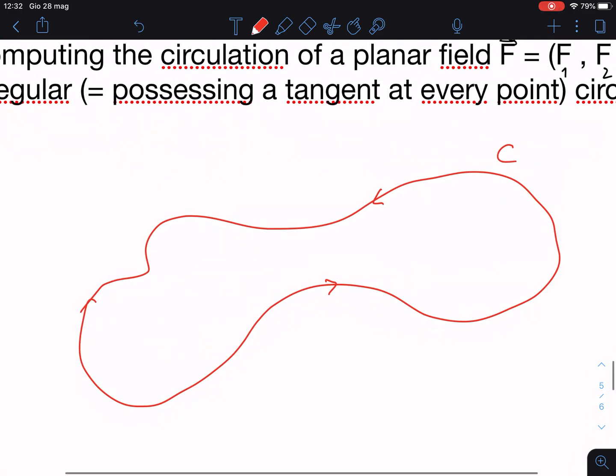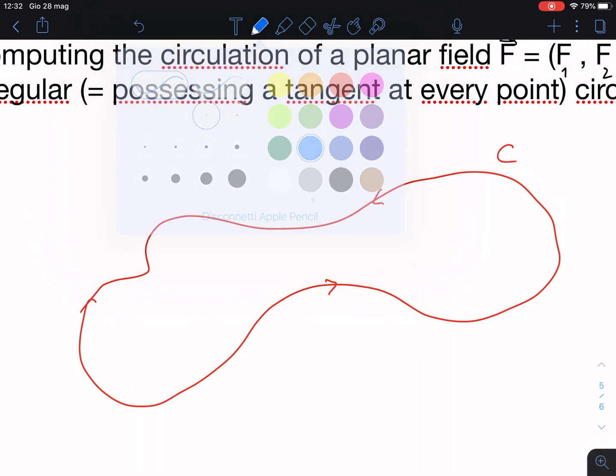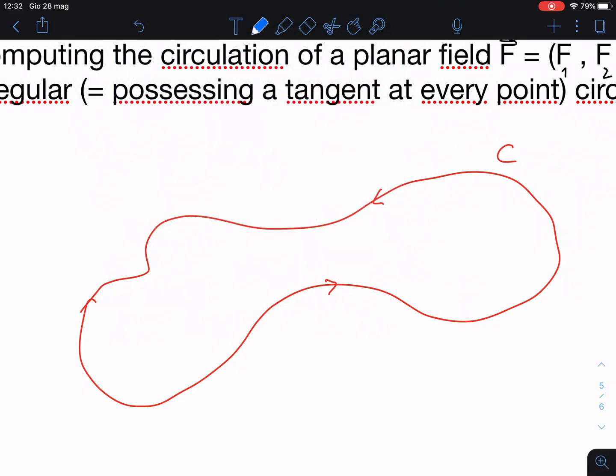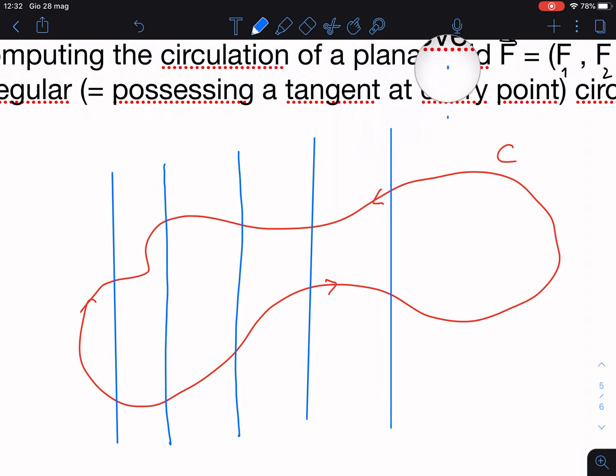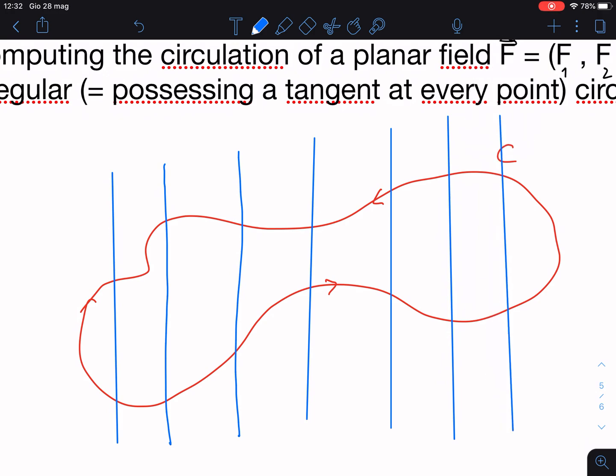And the first observation is the following. Consider a grid. Okay, now I will display a grid here. So this is a grid. Of course, ideally it should be very thin, but this time this is not really the case.